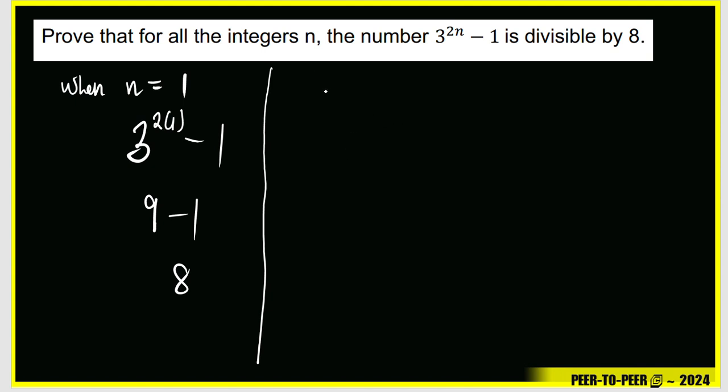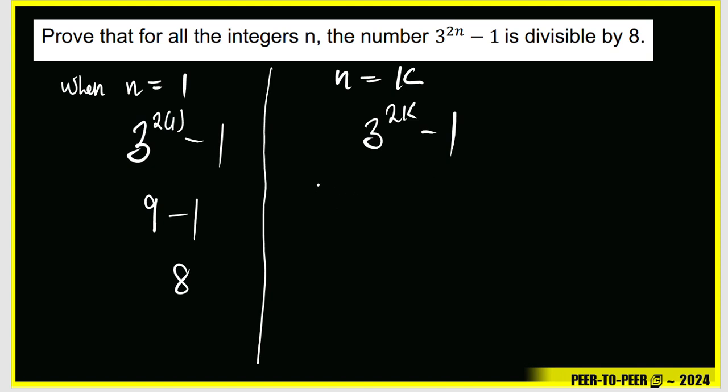Then we write our inductive hypothesis. The case when n is equal to k: 3 raised to the power 2n, sorry, that will be 2k minus 1. This is a hypothesis. So at the hypothetical stage, we assume that it is true.